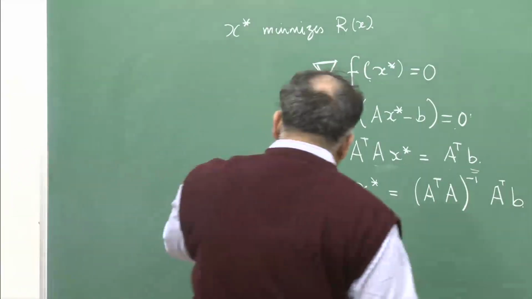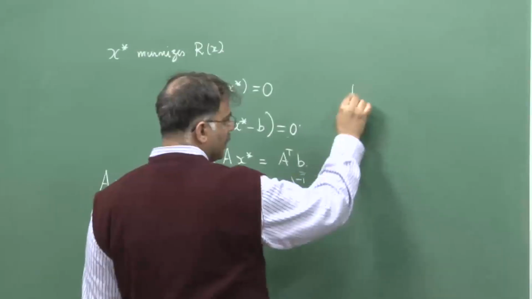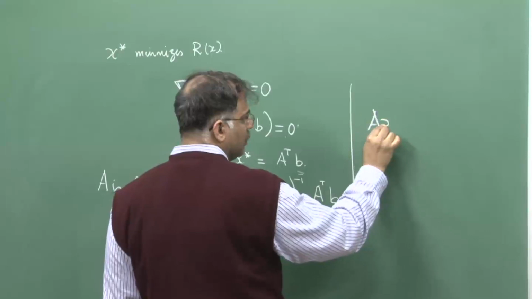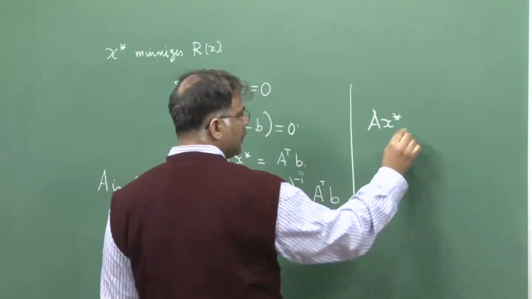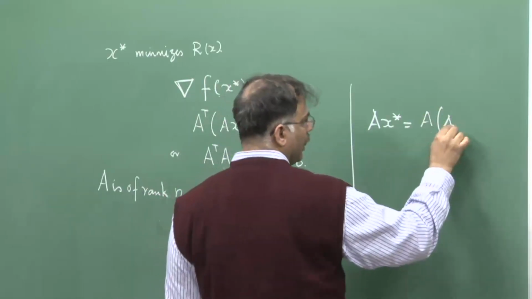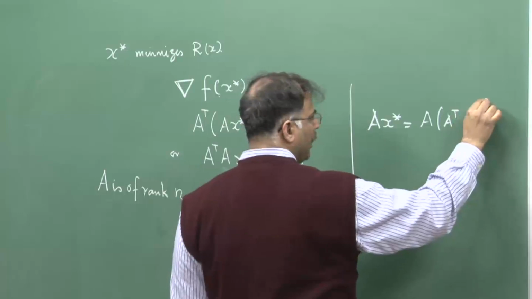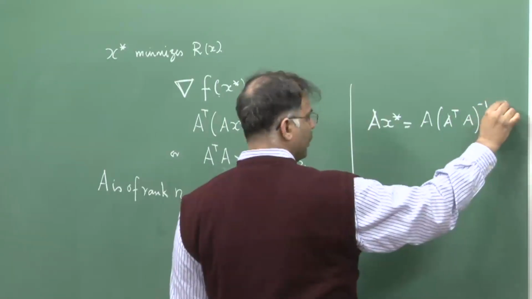Then if A is of rank n, x star must have this form. Then what do I have? A of x star is equal to A of A transpose A inverse A transpose B.